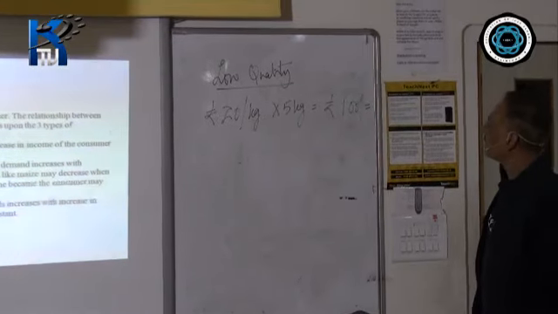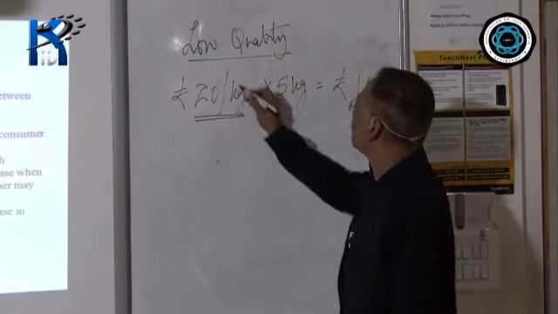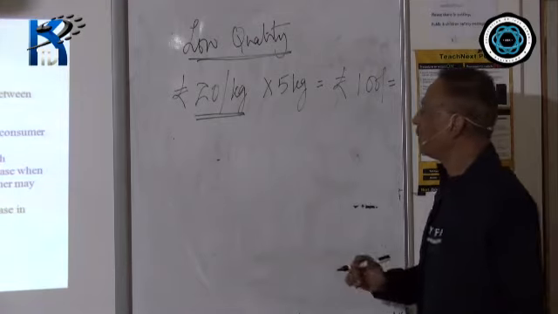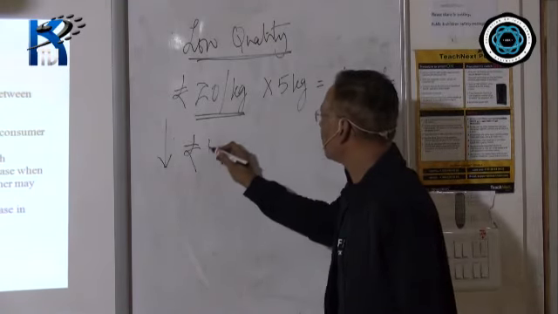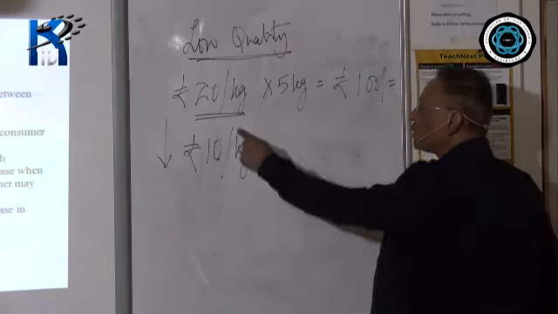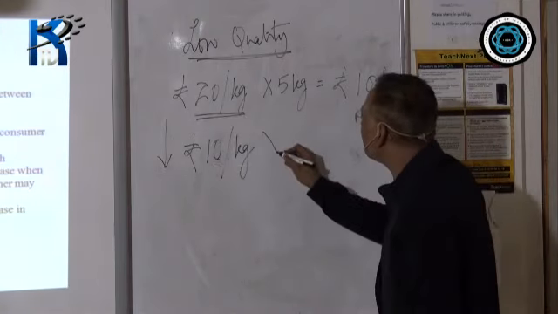Now the price of this low quality rice is going to fall. The price is going to decrease, to just 10 rupees. So what do you think? When the price falls from 20 rupees per kg to 10 rupees per kg, you generally tend to buy more.